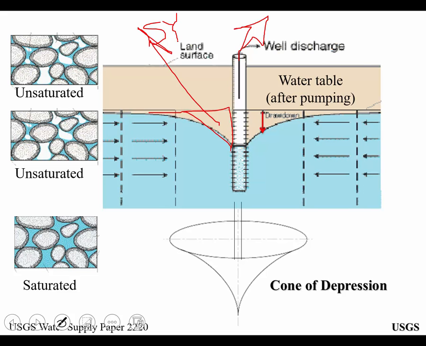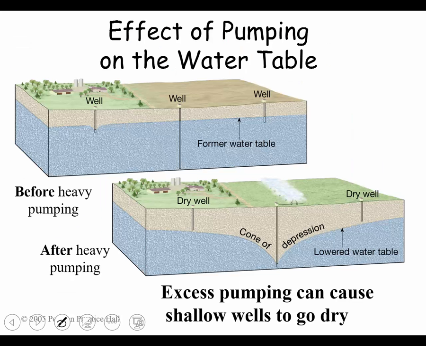It comes from dewatering the water saturated zone by gravity. We're letting gravity force that water into the well. Now, the problem is, the more water you pump out, the bigger the cone of depression. And so here are a couple of little users, maybe a little cone of depression here.